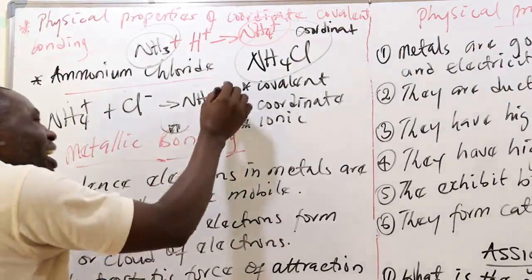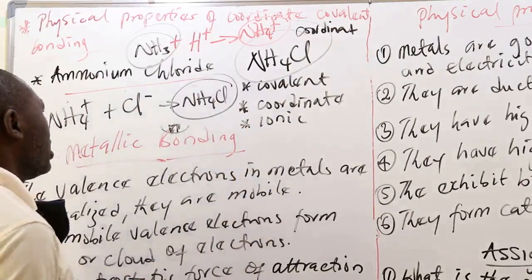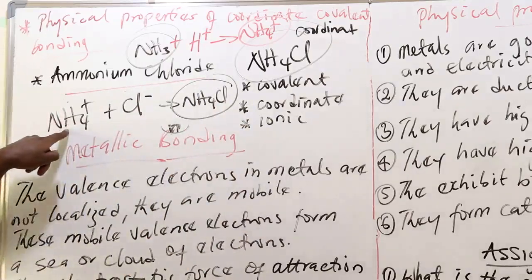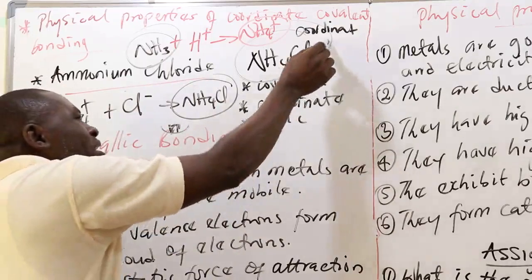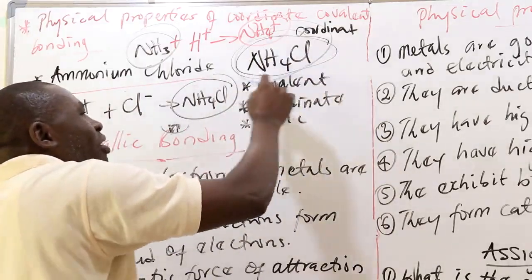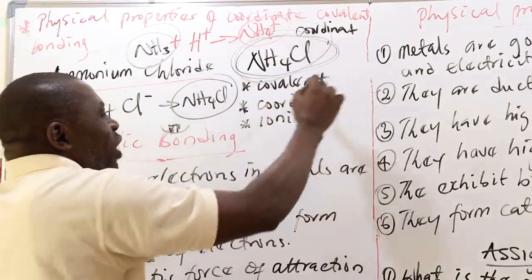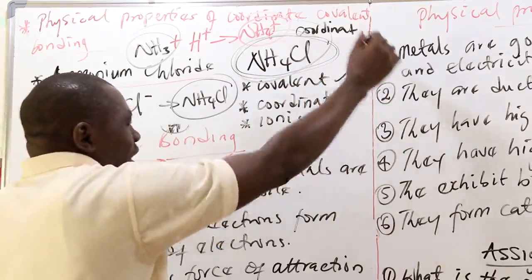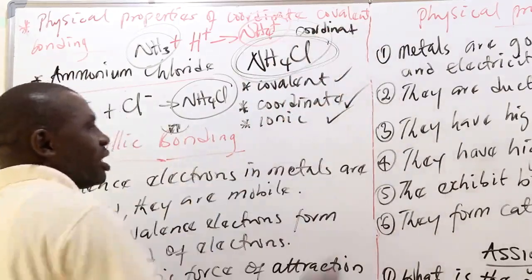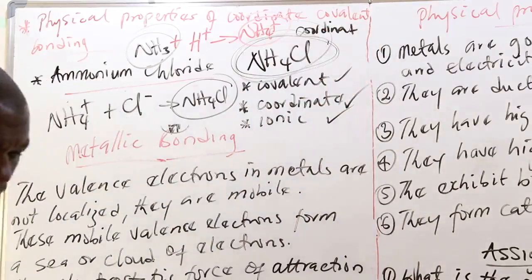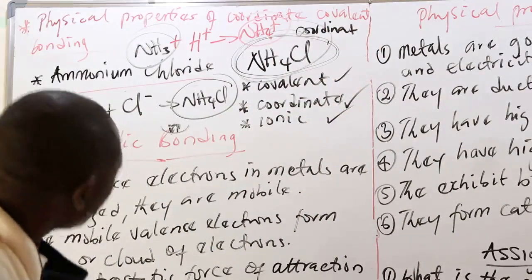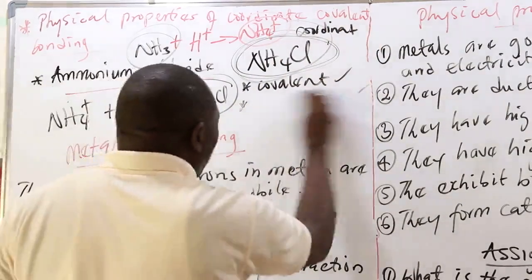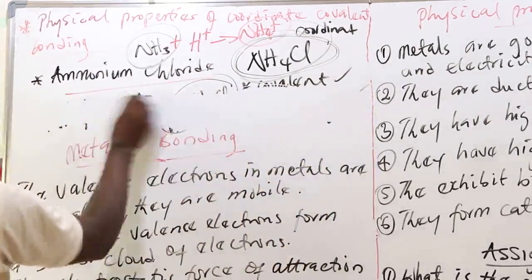So this crystal of ammonium chloride is finally formed by ionic bonding. So you can see that in this one compound of ammonium chloride, you have covalent bond, you have coordinate covalent bond, and you have ionic bonding. Okay, so I felt I should mention that before we go to metallic bonding.